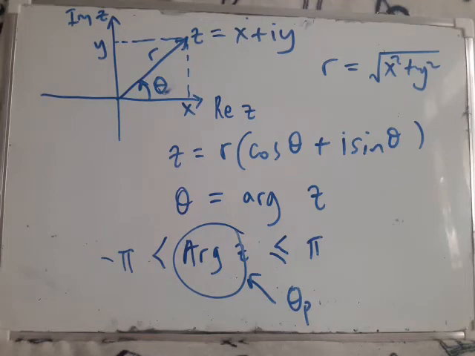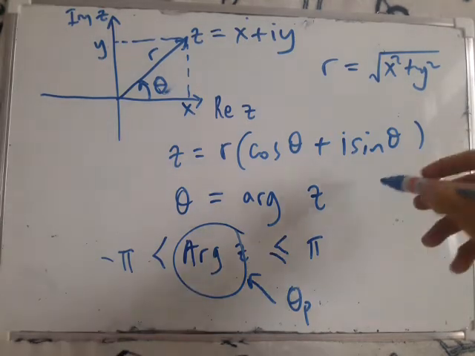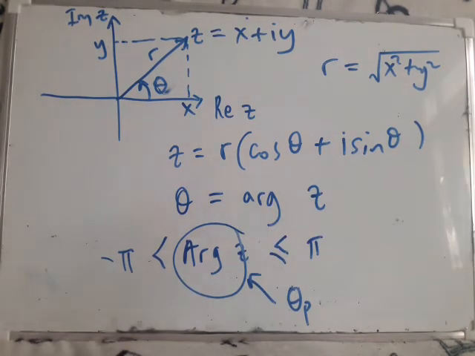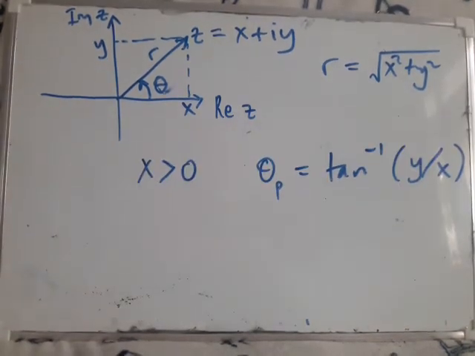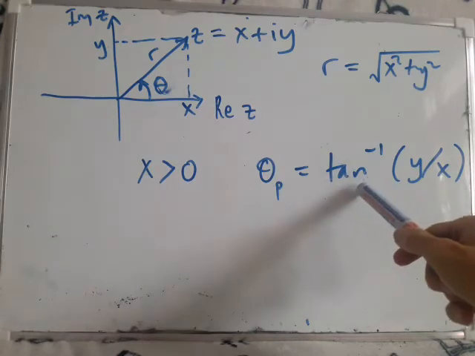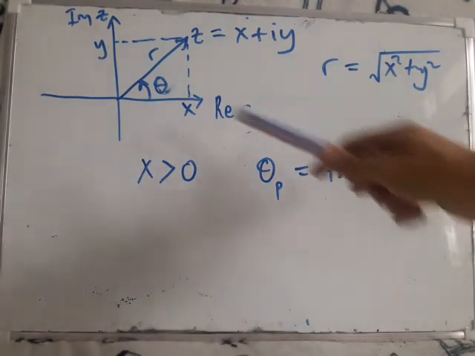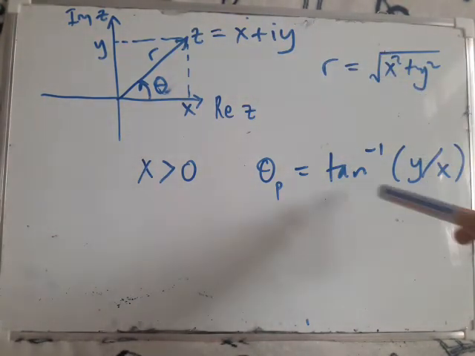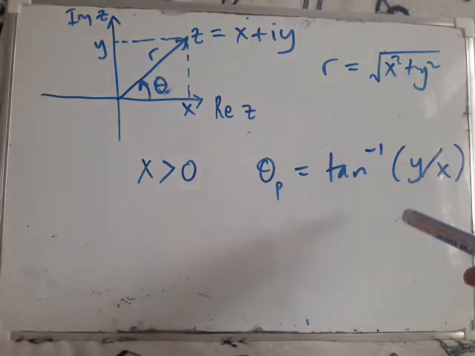Now, how do we actually find this argument? Well, if x is positive, then there's no problem getting the principal argument as simply inverse tan of y over x, as we expect. But the problem with tan is that it repeats every pi radians.